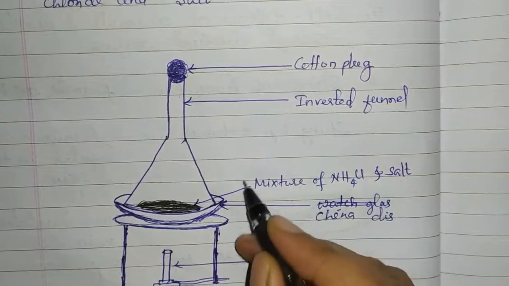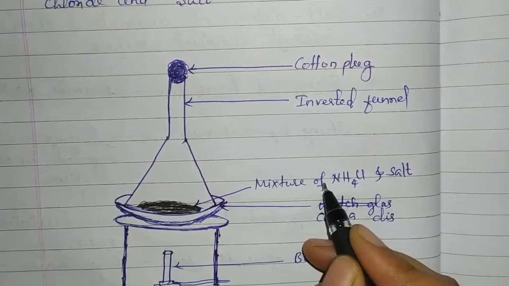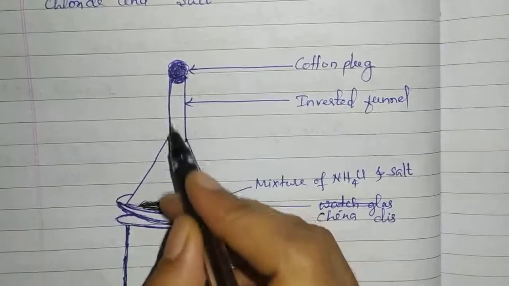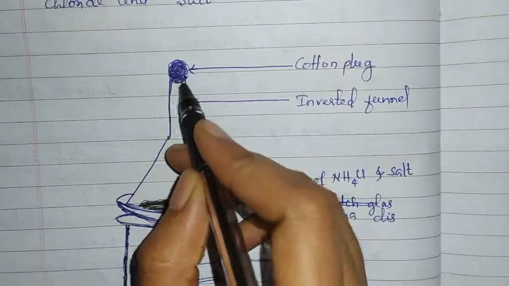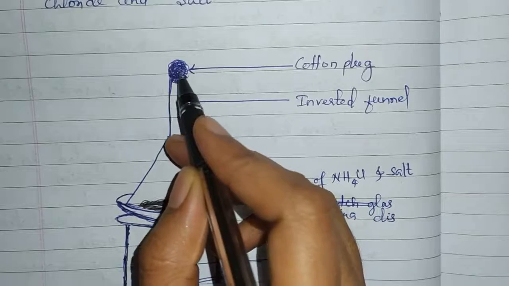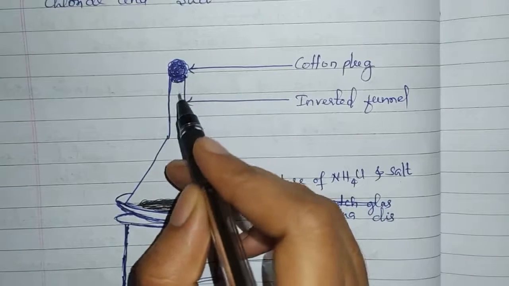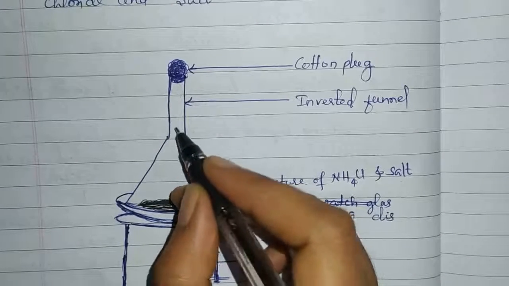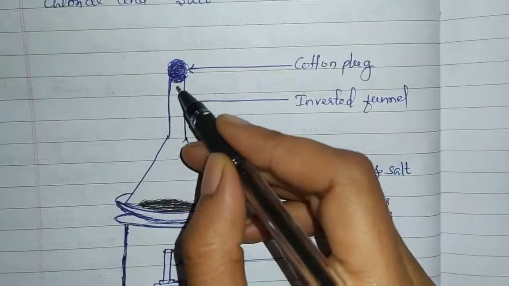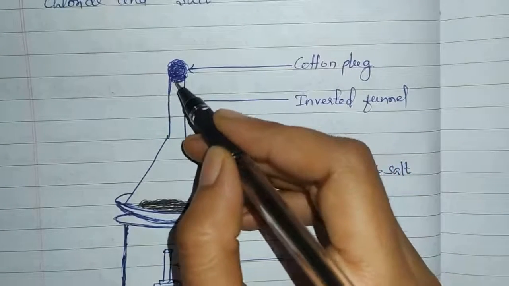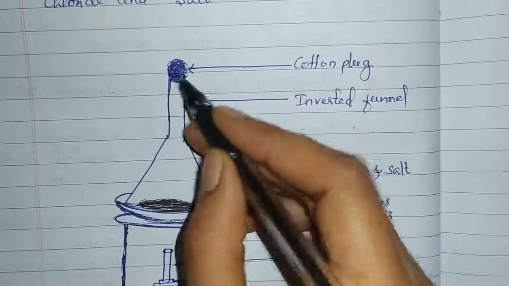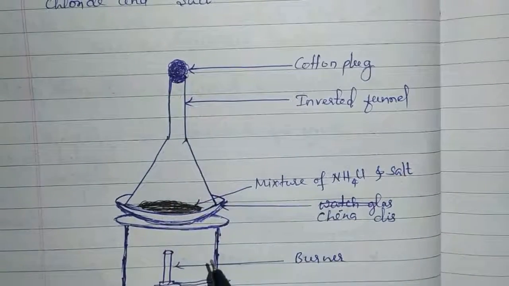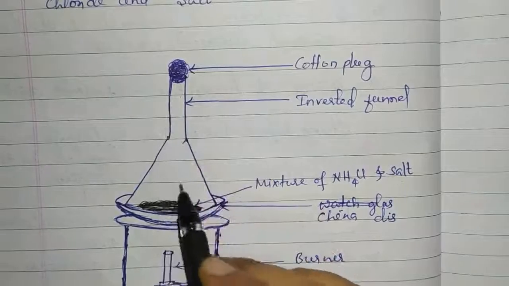Inside this China dish we have placed the mixture of ammonium chloride and salt, and we have to separate this mixture. The hole of the inverted funnel is closed with a cotton plug to avoid the vapor molecules going out.